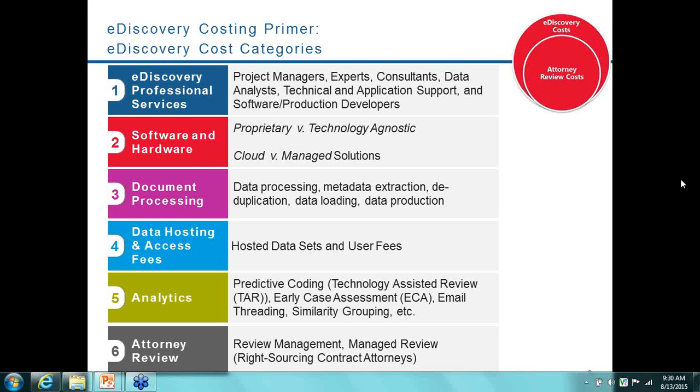Okay, well, the last category I was going to touch on briefly, Gordon, was attorney review. That's another, as we know from the RAND survey, 70% of the cost of discovery.